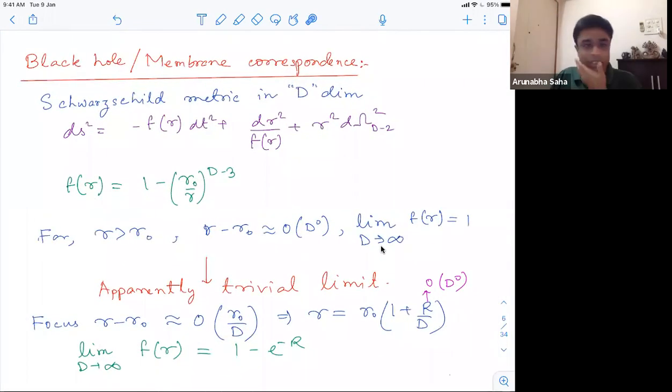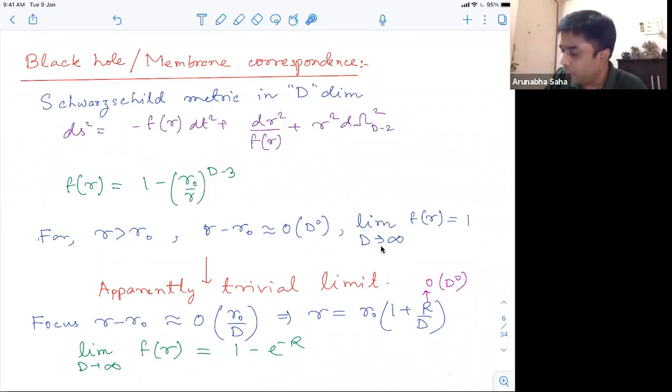Since I told you about the black hole membrane correspondence, let me briefly tell you what it is. The simplest way to see that something useful happens in this limit is to look at the Schwarzschild black hole metric in arbitrary dimensions, which has a blackening factor like this sitting in two places in the metric.